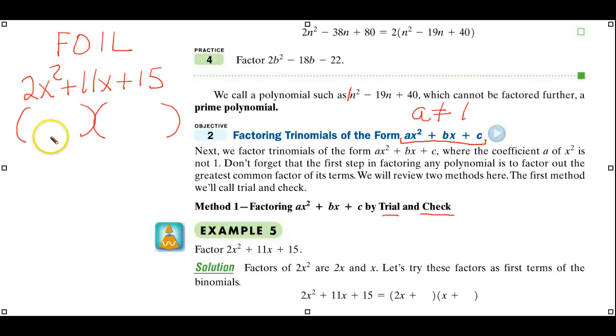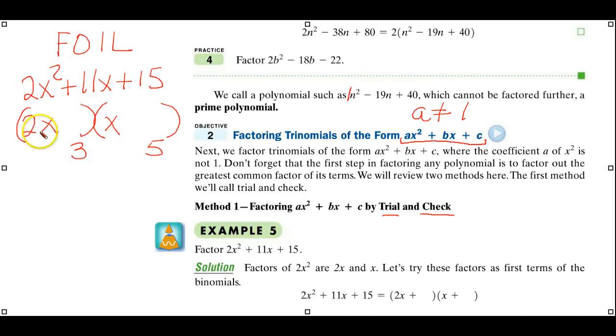So to get our first term, which is a 2x squared, since 2 is prime, there's only the one possibility, 2x times x. Now here we have a 15. So we could put a 3 there and a 5 there.